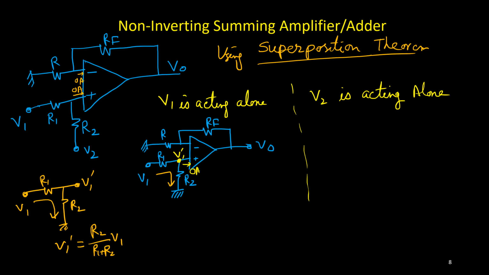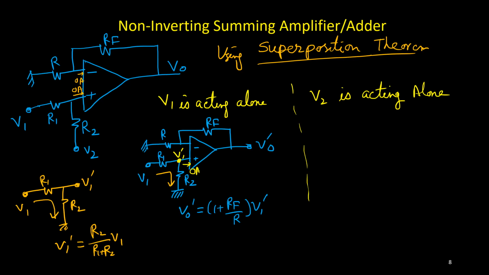That time the voltage I'll consider is V0 prime, when V1 is acting alone. So the value of V0 prime is 1 plus RF upon R times V1 prime, and V1 prime you already see.